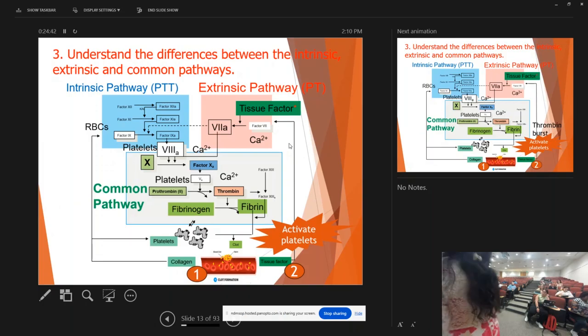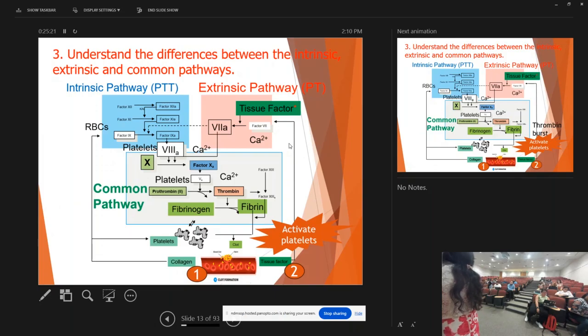I'm not saying you should memorize all of that, but you need to understand that all these factors are needed to activate 8A, which together with 7A is going to activate 10. Factor 10 is central to this pathway, so factor 10 activation is really critical. Both get activated through the extrinsic and intrinsic pathways.